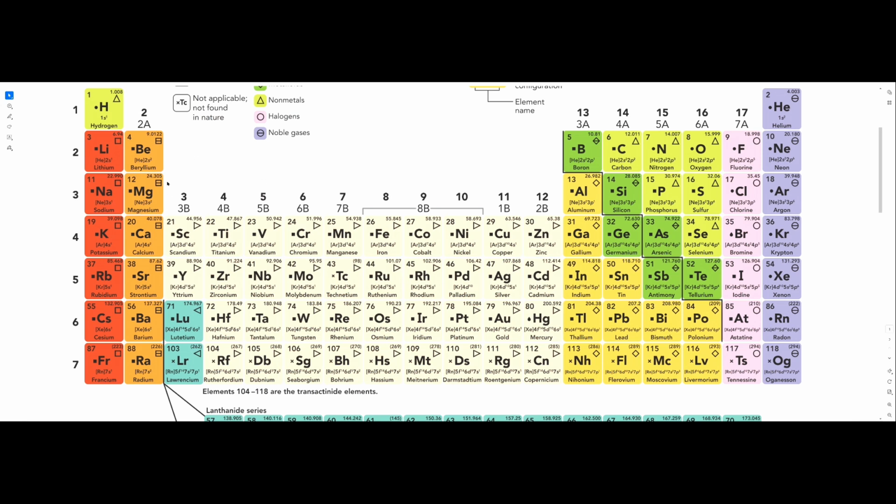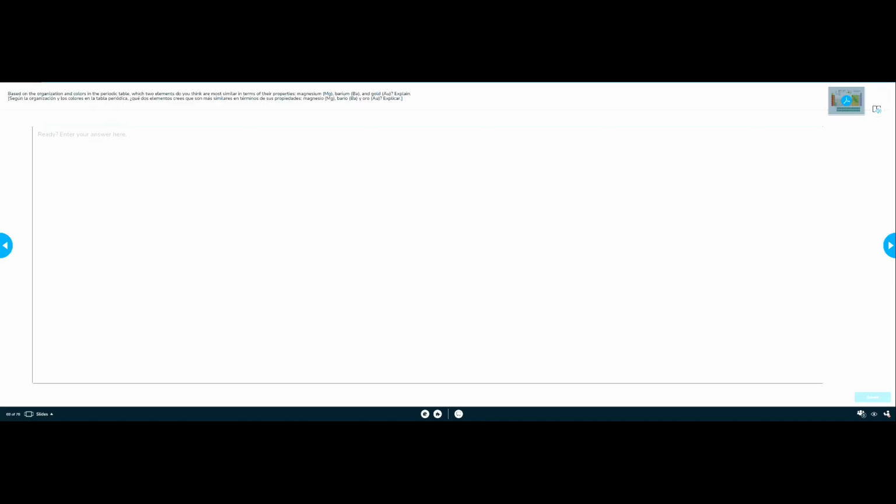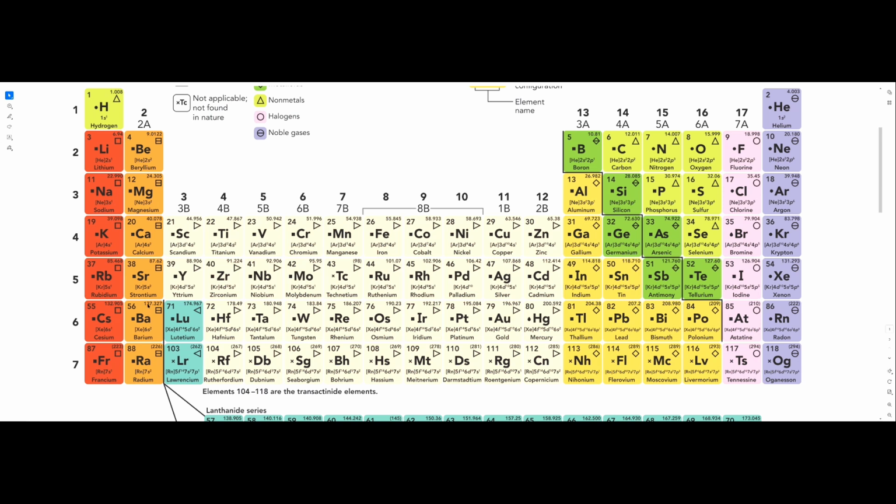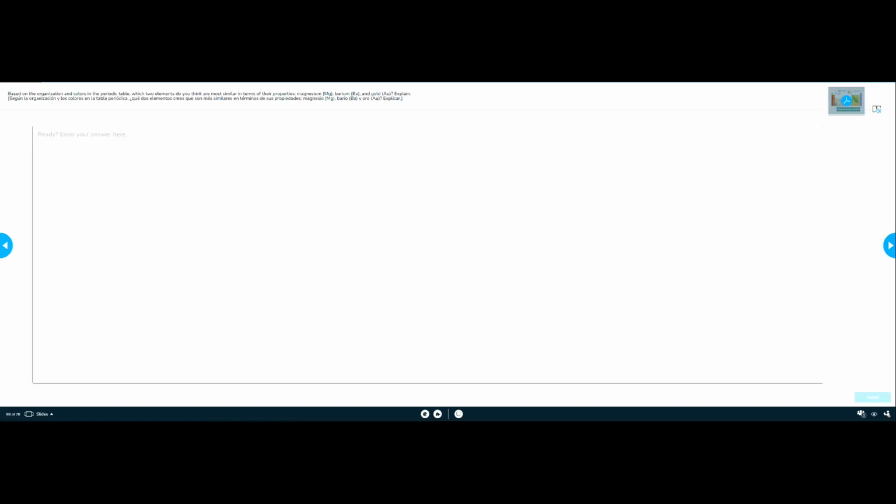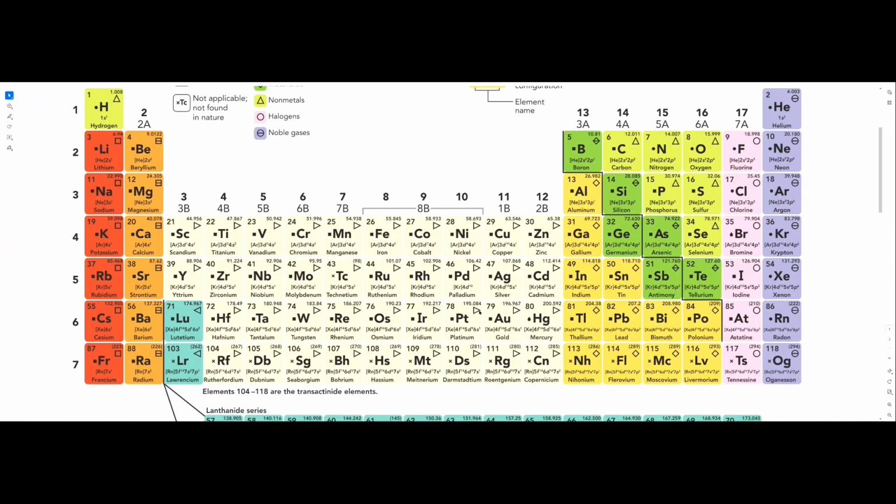Mg is number 12 in the orange. Our next one is barium, which is here on the bottom left in the orange. And gold is found on the bottom, closer to the middle of the periodic table.